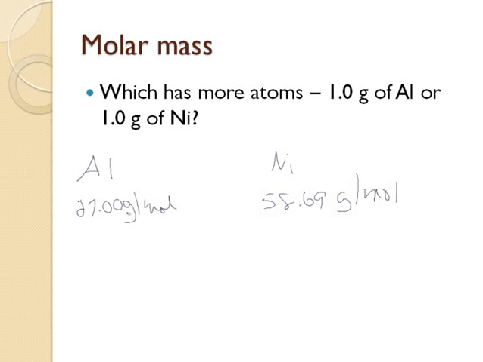Okay? So if I have 1 gram of aluminum and 1 gram of nickel, I'm going to have a lot more atoms of this. It's a greater percentage, right, than this is.